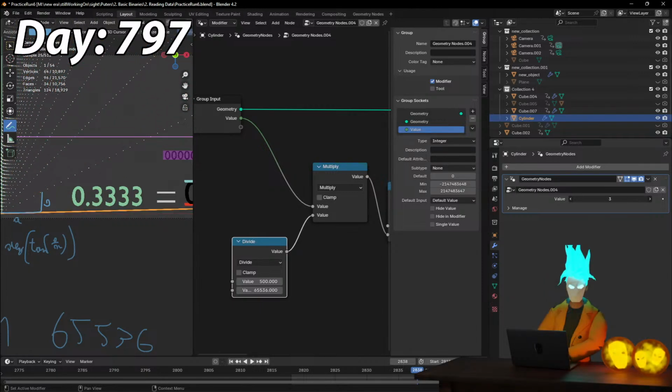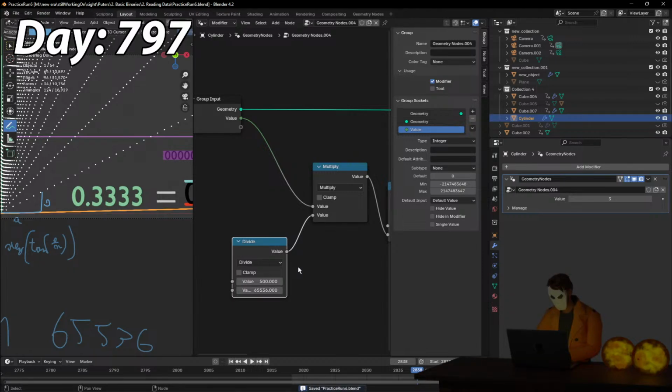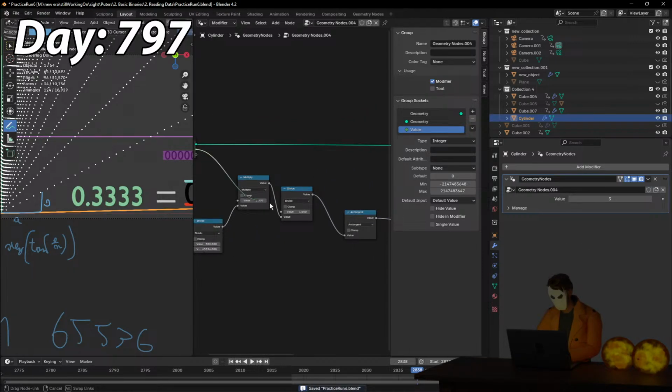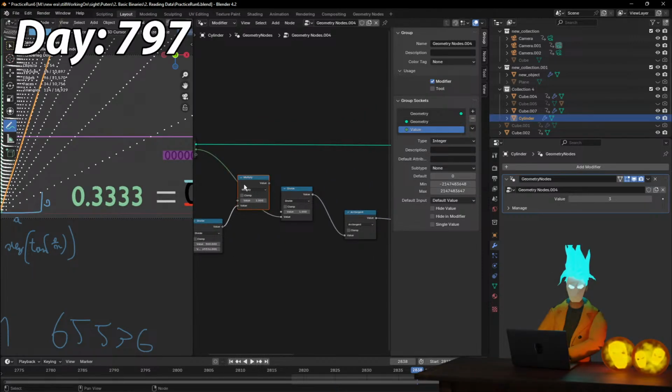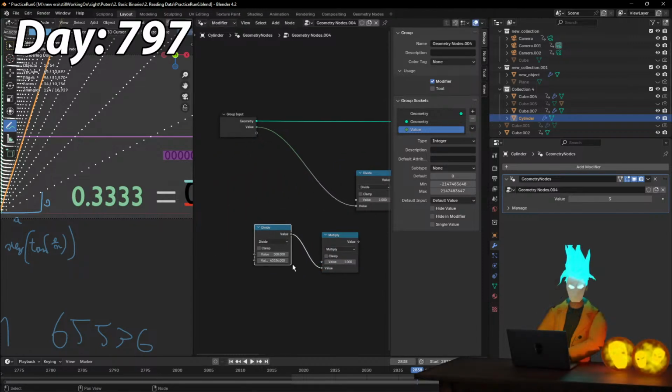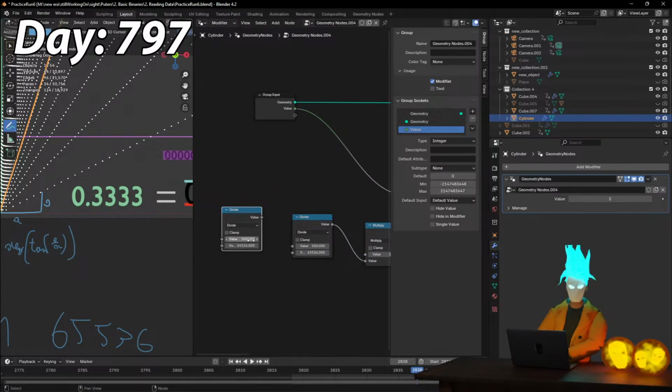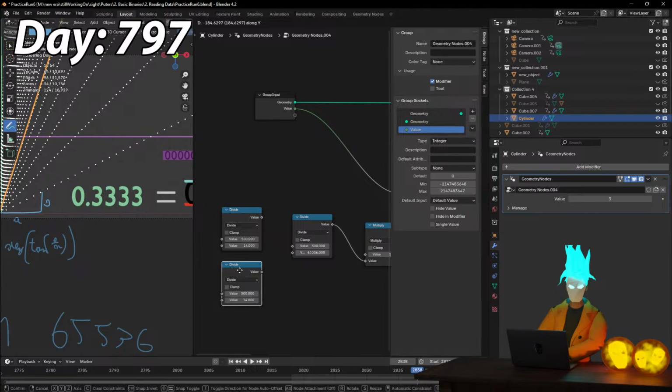Or maybe I'm multiplying it too early. Wait, no, hold on, that's not quite accurate either, because that should be 500 divided by 14, and this should be 65,536 divided by 13.